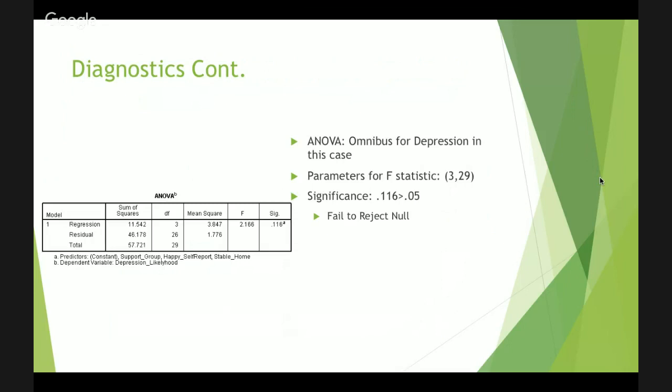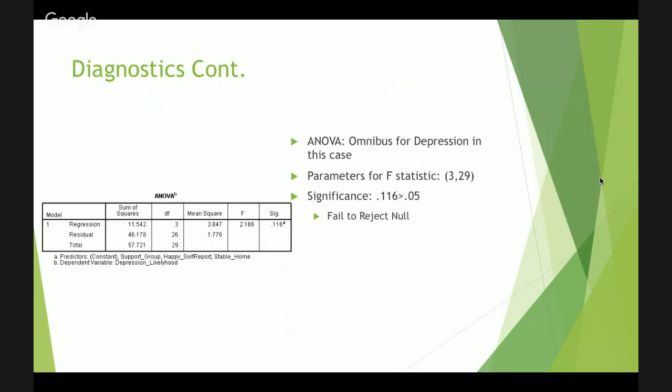This is an ANOVA, which we ran over. This is an omnibus test for all of regression. This is now the omnibus regression for depression. Now we want to continue our diagnostics by running parameters. We check our parameters by looking at degrees of freedom for regression, which is 3, and the total degrees of freedom, which is 29.